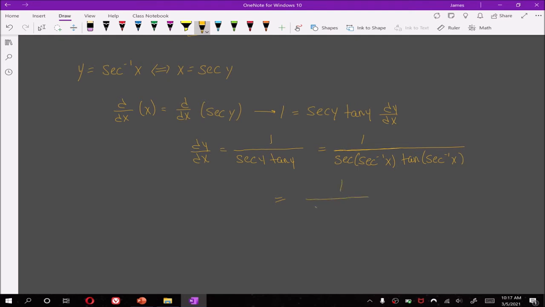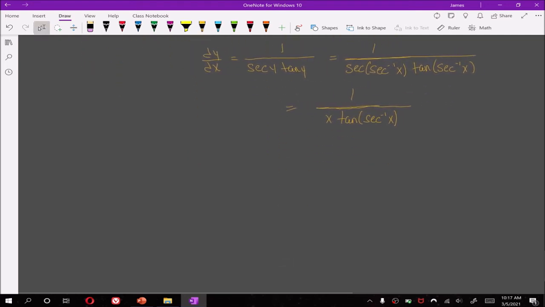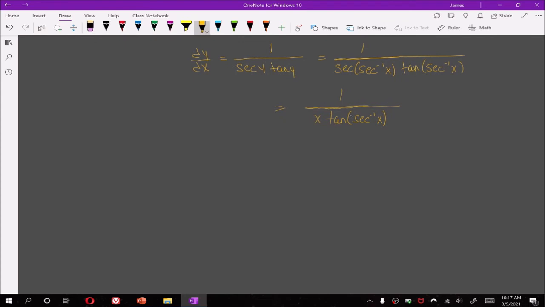So we get x times the tangent of the inverse secant of x. We just have to determine what the tangent of the inverse secant is. And we will again turn our attention to a right triangle.